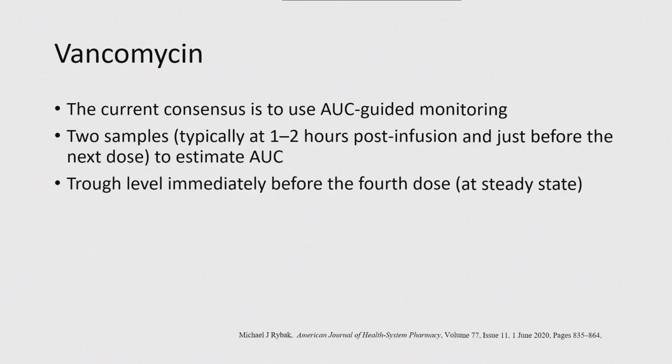Complex software is utilized by the pharmacologist or the infectious disease pharmacologist, and they calculate the AUC. An AUC of more than 400 is considered a success of therapy, but still, the trough level is collected just before the 4th dose.